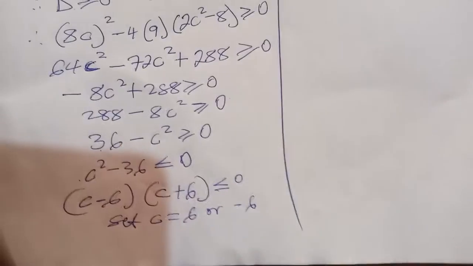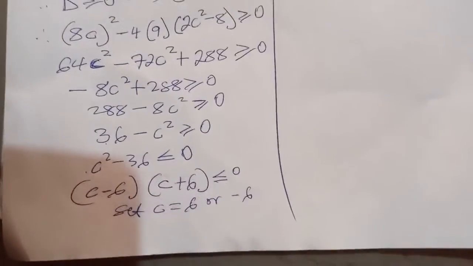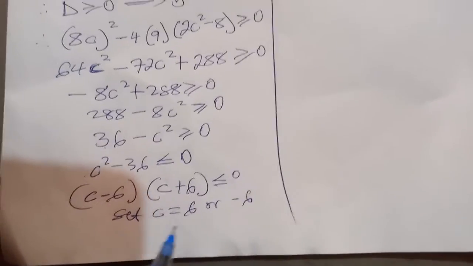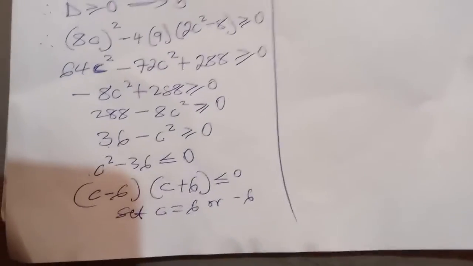But this is an inequality carrying less than. For this, all you have to do is to get the values of c first. After getting them, you can now write this as, therefore, which one is the smaller value?